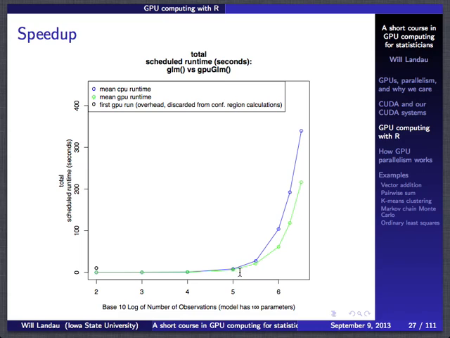If we go past 10 to the 5 observations, you start to see a speed up. It takes a while though. If you're working with small data or small workflows, you're more than likely just better off doing that on the CPU. But once you get to really large amounts of computation, you'll want to go to the GPU.